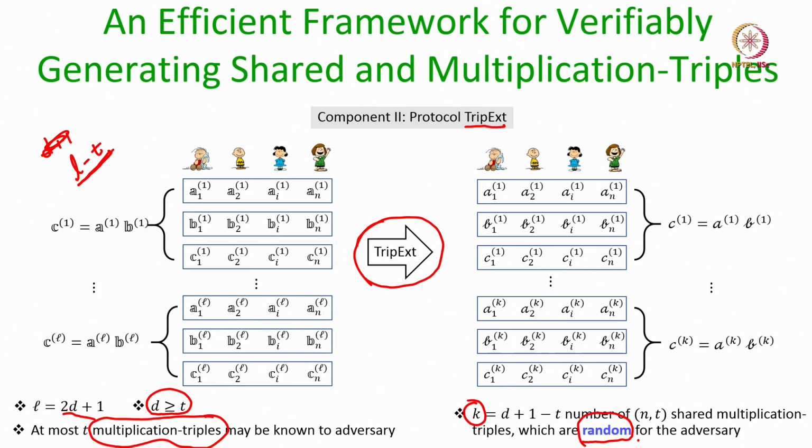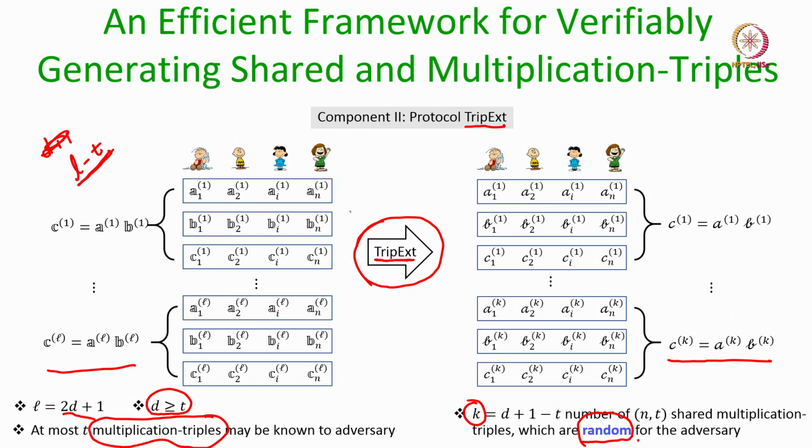Okay. And why is it called triple extraction? Because we are given a bunch of input multiplication triplets, some of which are random for the adversary and some of which are not random for the adversary, they are known to the adversary. Out of this collection of random and non-random multiplication triplets, we are extracting out a bunch of random multiplication triplets. So, this triple extraction protocol is going to be non-trivial.